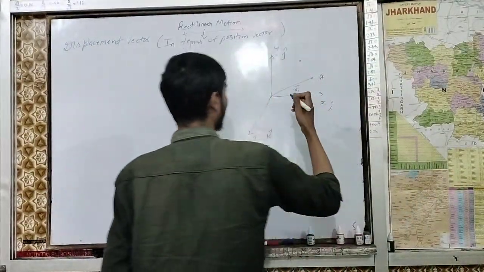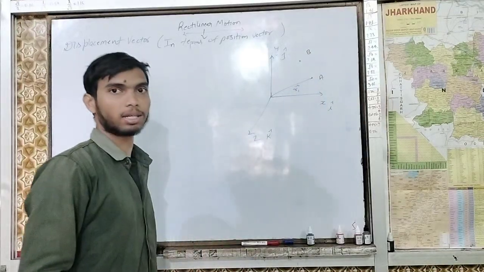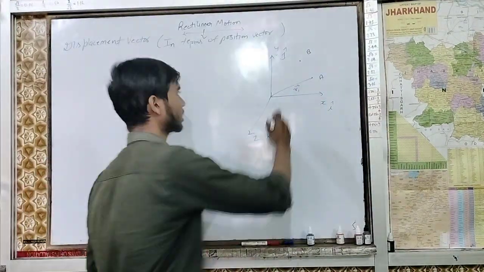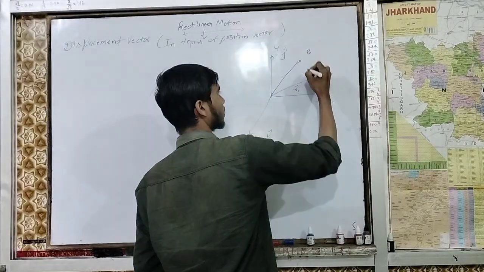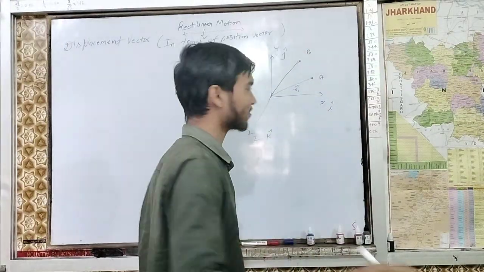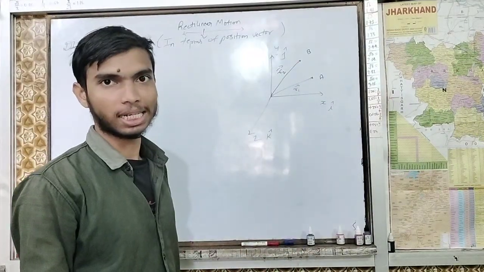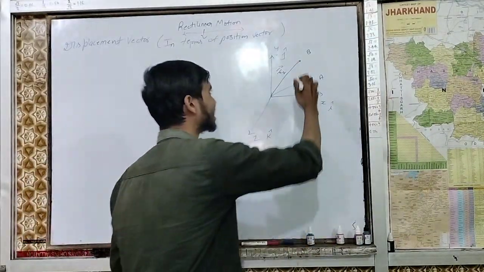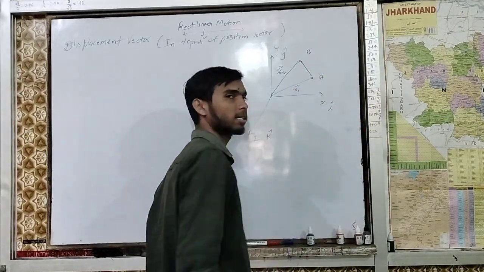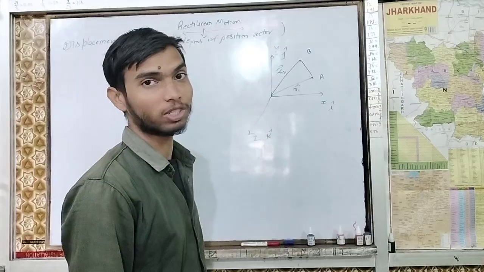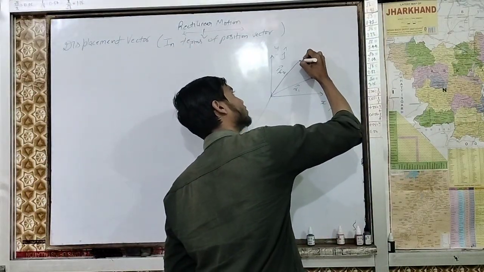Now here you can see the second vector, which is B. And from the origin, we can draw like this. This is our second position vector, R2. And the main thing is to calculate this displacement. Am I correct? So which formula are we going to apply?